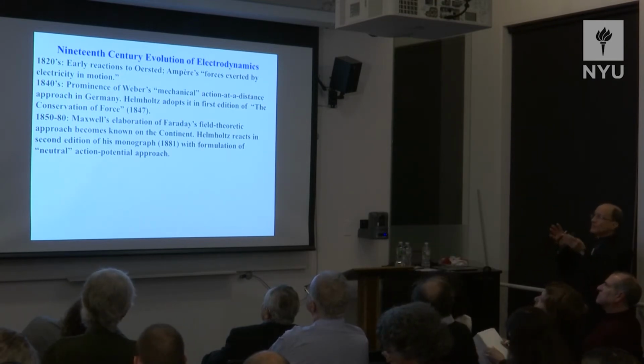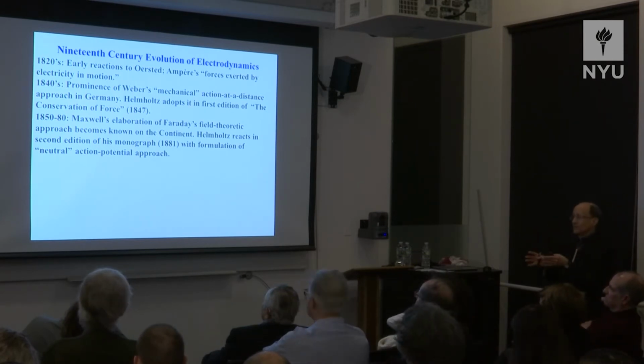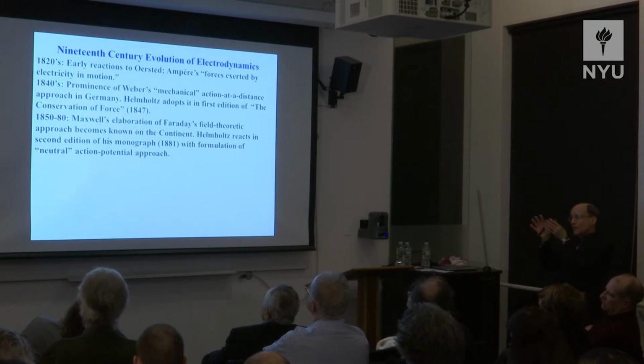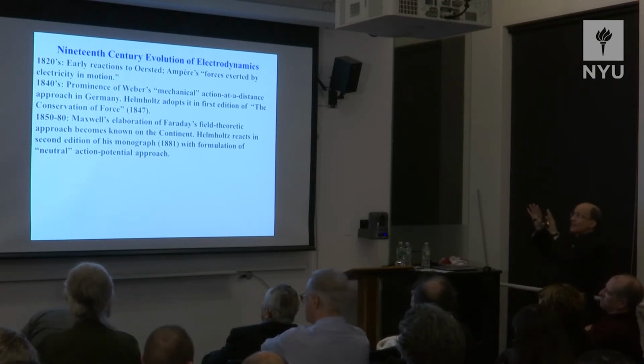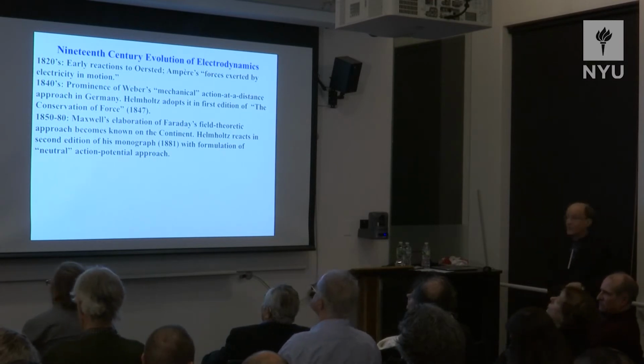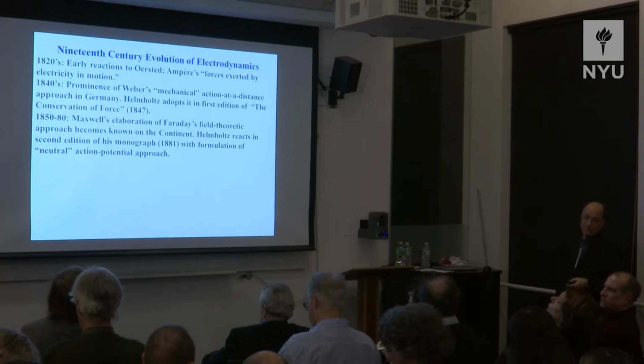He says, well, let's just have an action potential between macroscopic bodies. And let's try to set it up so that that action potential will give the same kind of interactions between macroscopic bodies, like wires and magnets, that on the one hand the Ampère theory or the Weber theory gives you, and on the other hand what the Maxwell theory gives you. So it's supposed to be neutral.